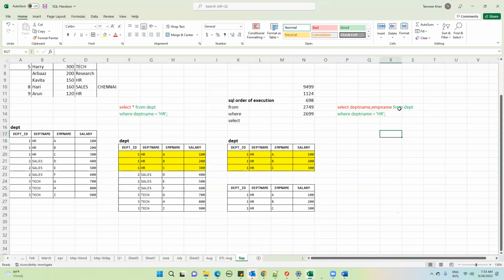So FROM is correct, it will pick the table, make a copy, and this is over. After FROM, WHERE will be executed, it will filter the HR rows, and this is also done. Then it will come to SELECT and the SQL engine will see that the user wants department name and employee name only. So in this case, it will copy only department name and employee name, these two only, and then display them here. So this will be the output in this case. Let me show you this as well.